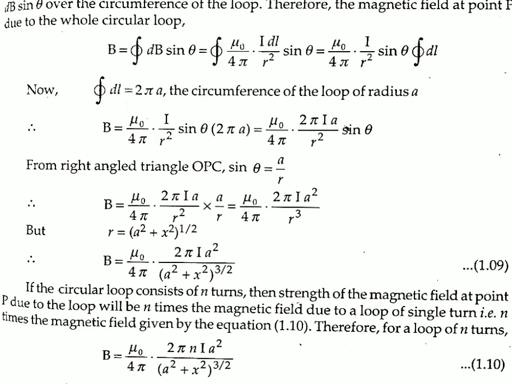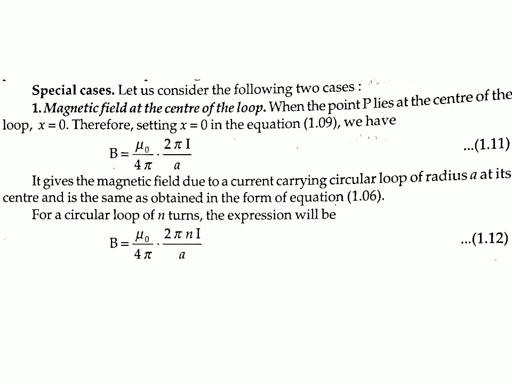Now if the loop has n number of turns, then B will be equal to mu naught by 4 pi, 2 pi n I A square divided by A square plus X square to the power 3 by 2. And suppose P lies on the center of the loop, that is, X is equal to 0.